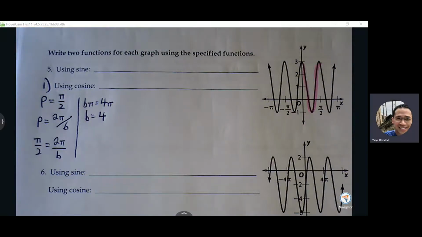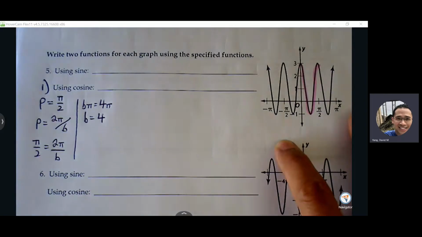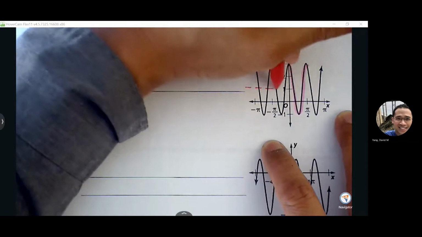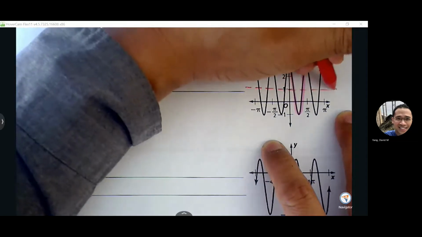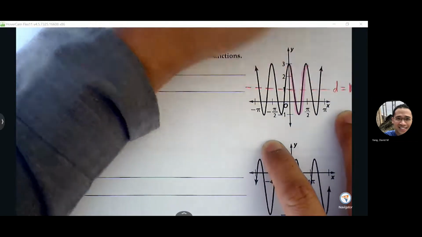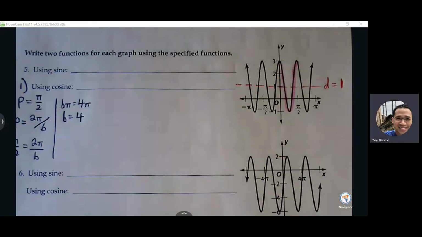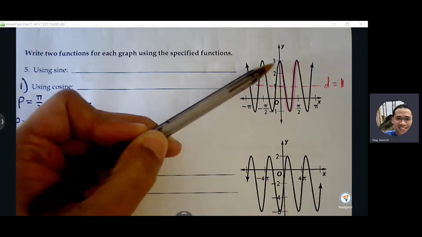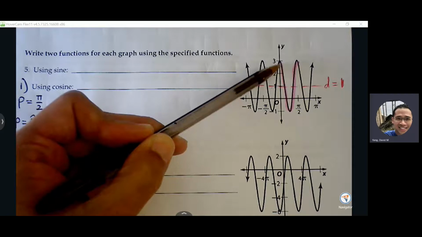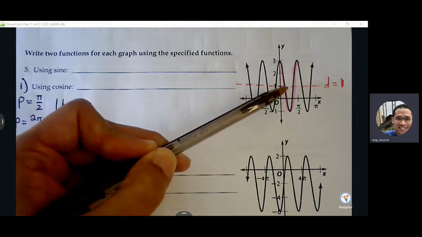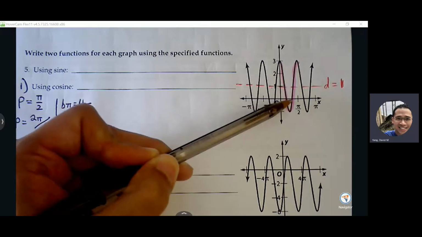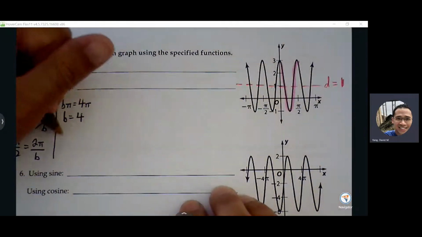Where's the center of this graph? What's our d value? Can you guys tell by looking at the graph? Close one. Plus 1. Okay. Can you guys tell what the amplitude is? What is the a value? 2 from rest to crest, right? So from the center to the peak should be the same distance as well. If I count from the center to the minimum, it should also be 2, and that is the case. So I know that a is 2.